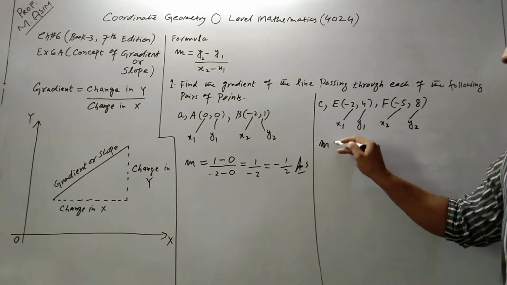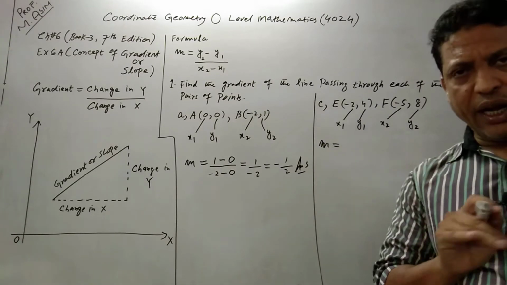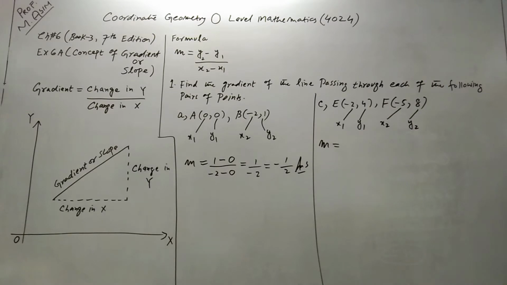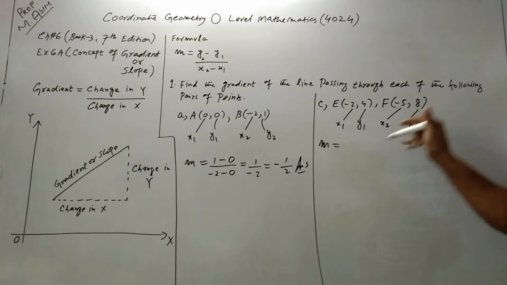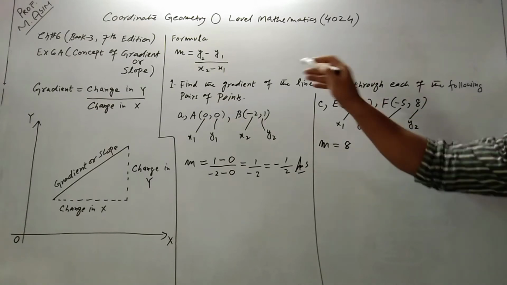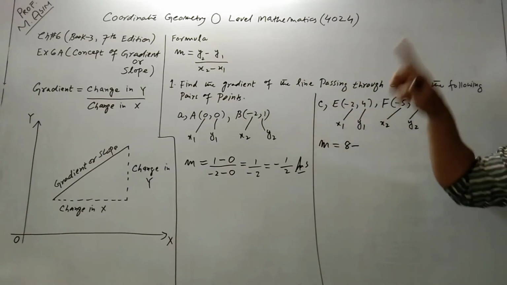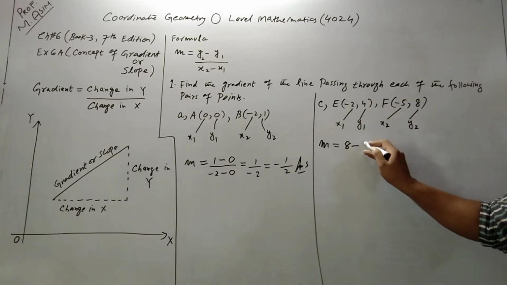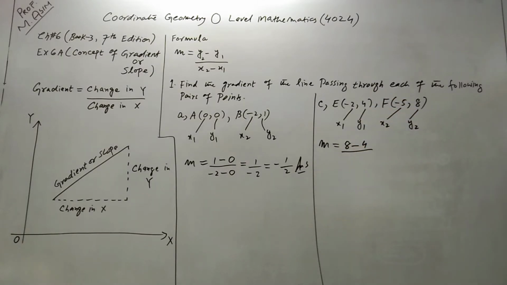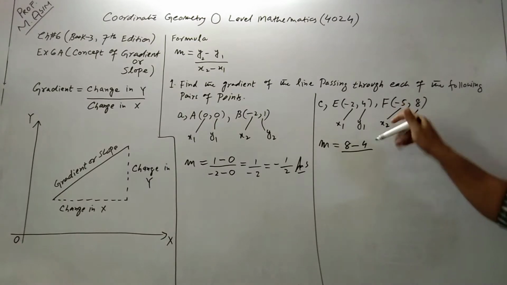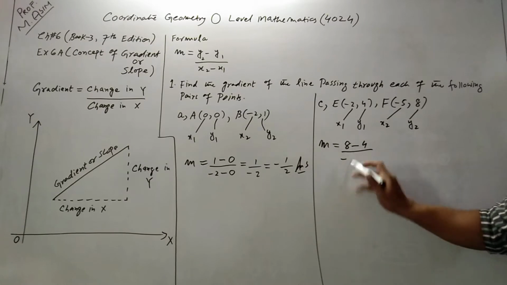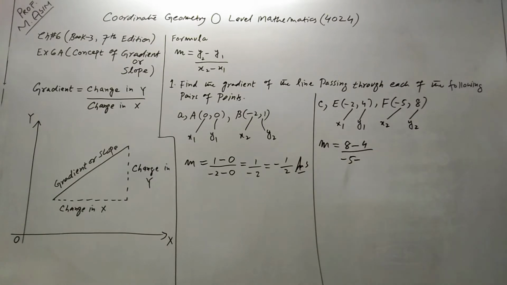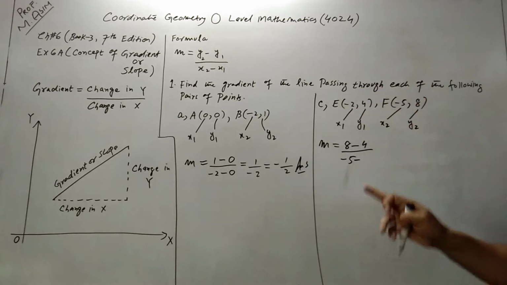Therefore, the gradient is represented by small m. What is the formula of gradient? y2 minus y1. What is y2 in this case? y2 is 8, minus from the formula, y1. y1 is 4, upon x2 minus x1. What is x2 in this case? Minus 5, and minus from the formula, minus x1. In this case x1 is minus 2.